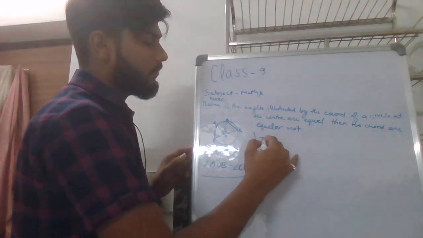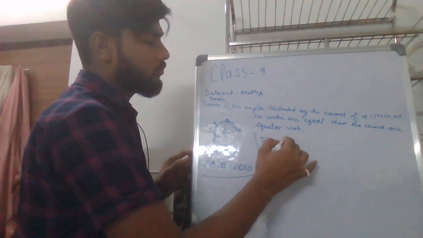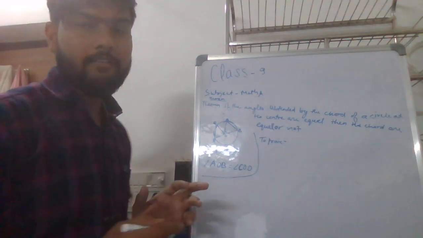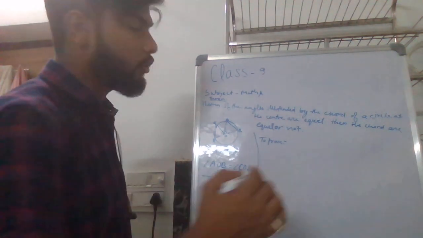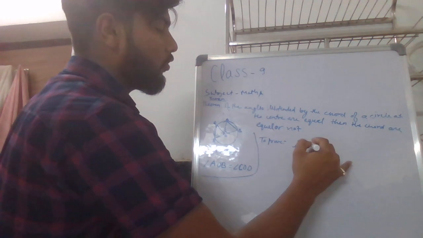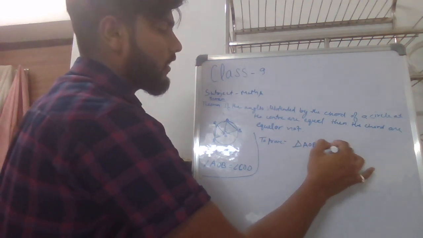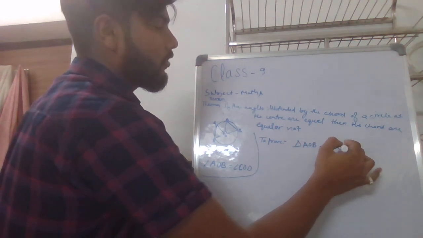So to prove it, we take triangle AOB and triangle COD. Here triangle AOB is equal to triangle COD. Okay, like this.